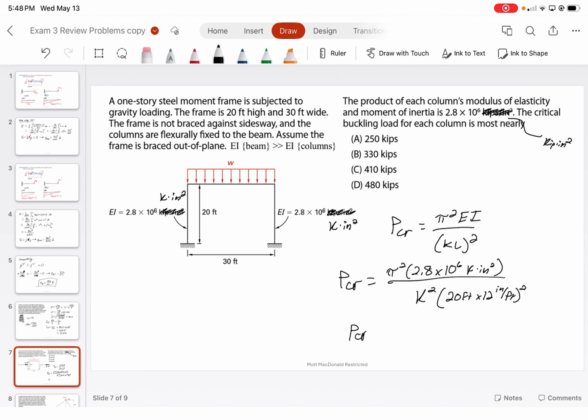So you get 479.77 divided by K squared. So the question is really, what is the K value that we need to use?